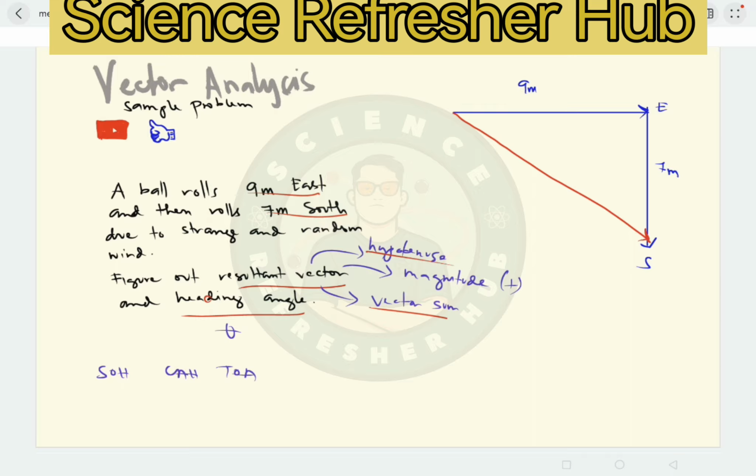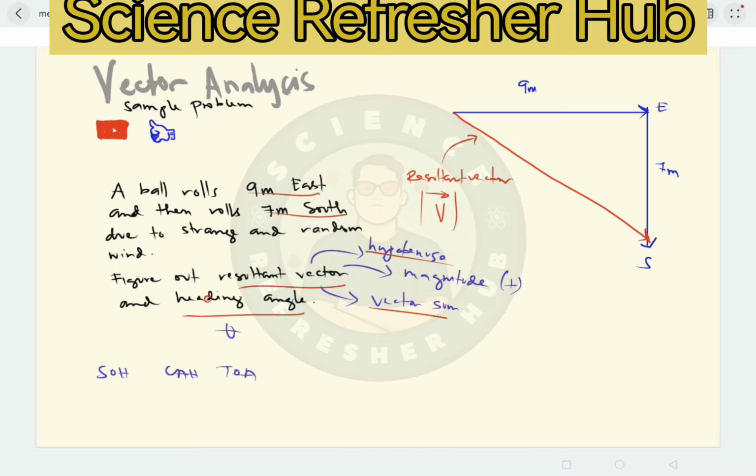So this red line here is going to be our resultant vector. We will use the symbol V with an arrow above to represent a vector, and we need the absolute value, or the magnitude, of that resultant vector.